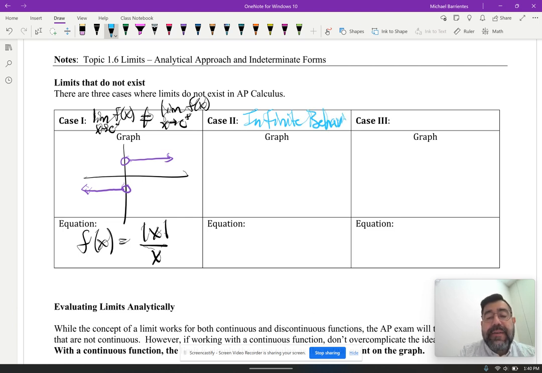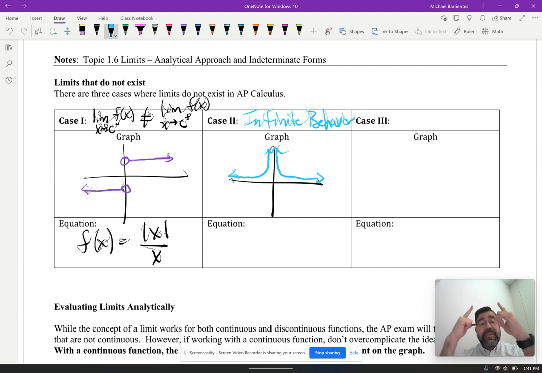Infinite behavior. And what I mean by that is if we draw a graph, maybe the graph does something like this. So if I were to take the limit as x approaches 0 of this graph, the limit doesn't exist because it goes to infinity.